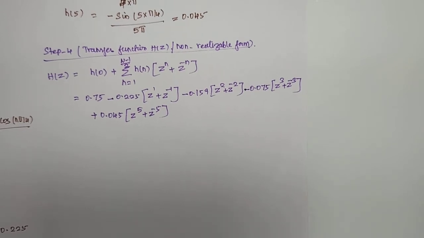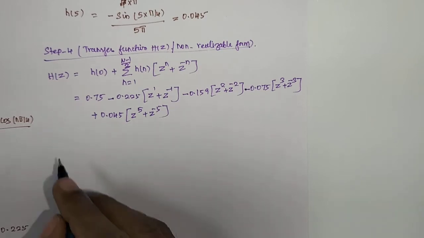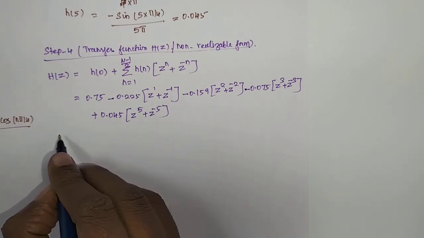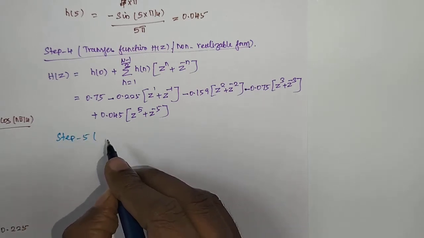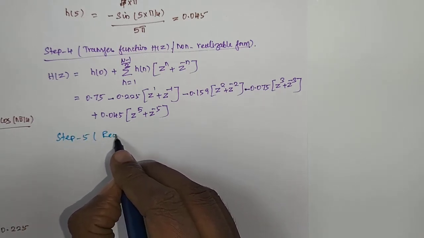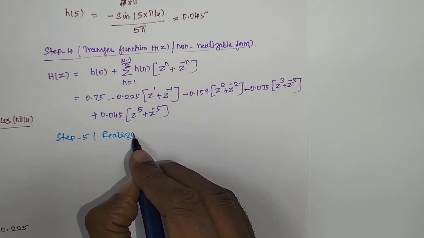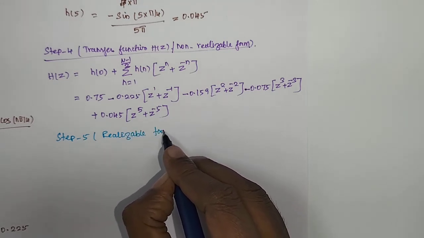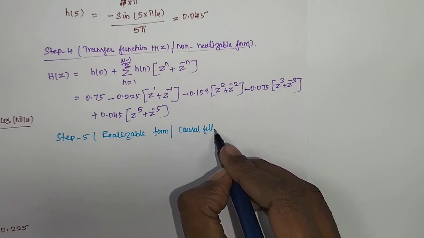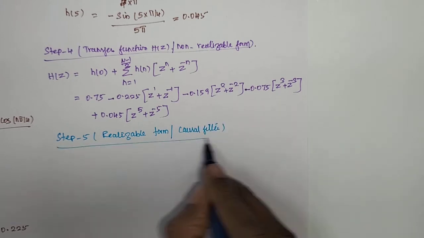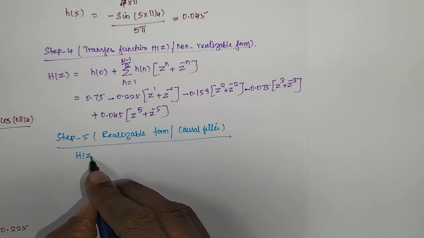Next, step 5, that is the transfer function in realizable form, a causal filter, that is h of z bar.